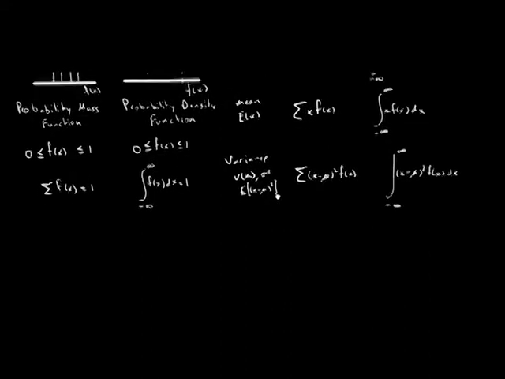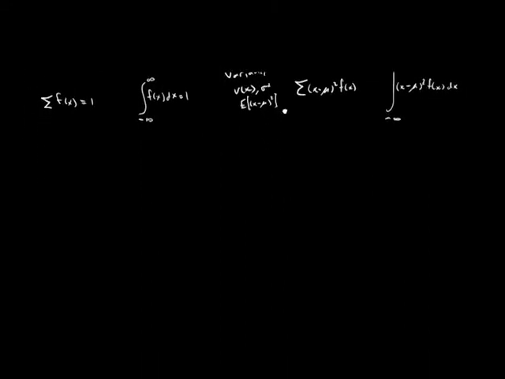Now I would like to write down an important formula that has to do with variance. So variance, we said, was the expected value of x minus mu squared.